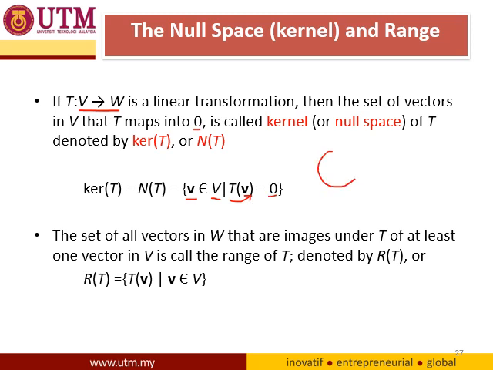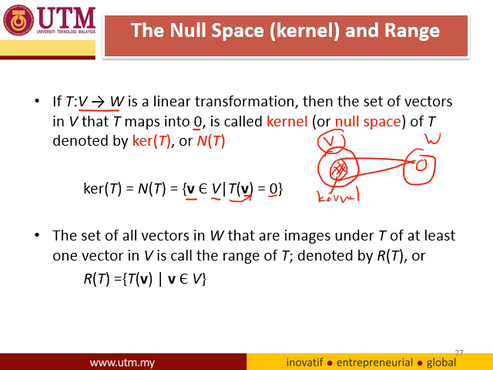For example, here we have W, this is V, and when it maps, it will show 0. Okay, so the kernel is in V, alright, not in W.